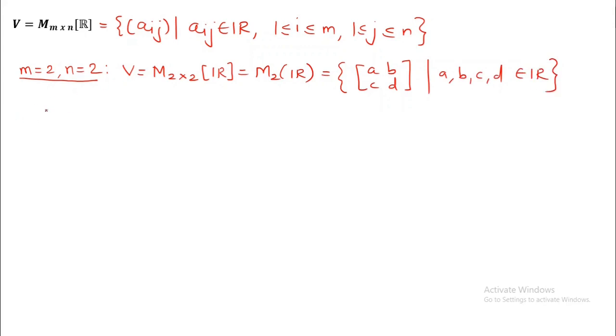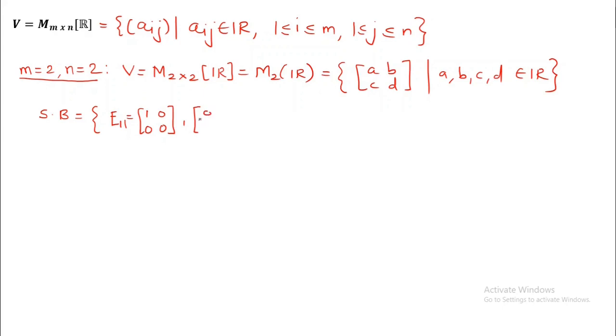So in this case, our standard basis is E11, which is equal to 1 0 0 0. Remember, basis set is always a subset of vector space. So this vector space is a collection of 2 by 2 matrices.